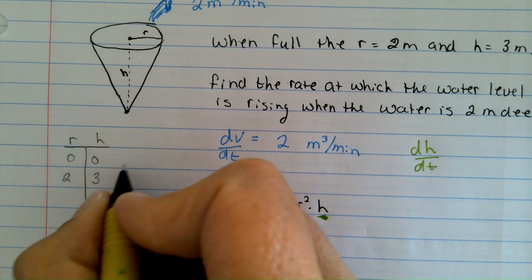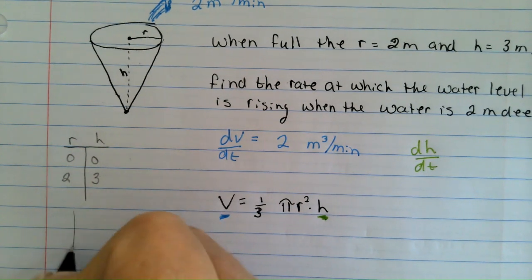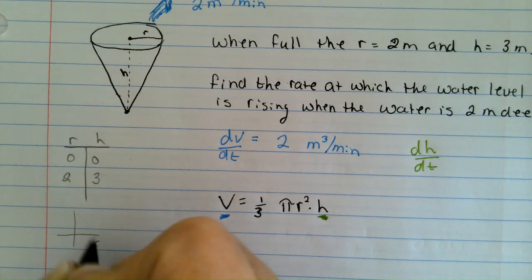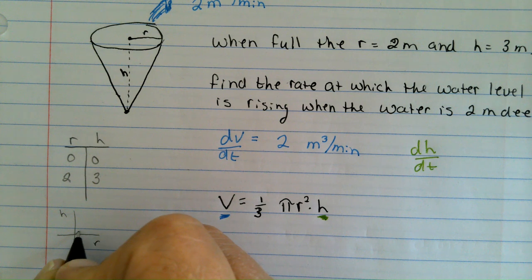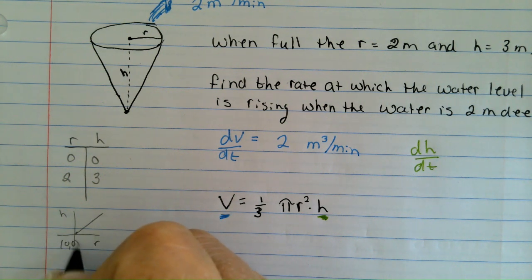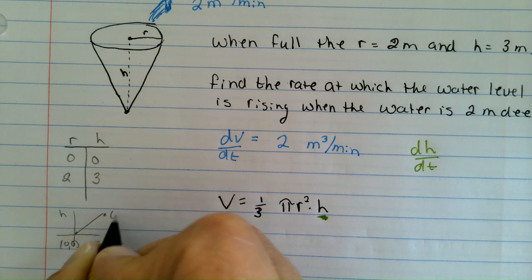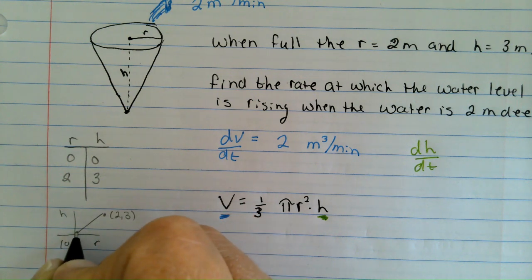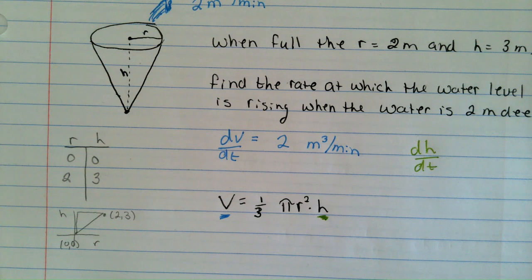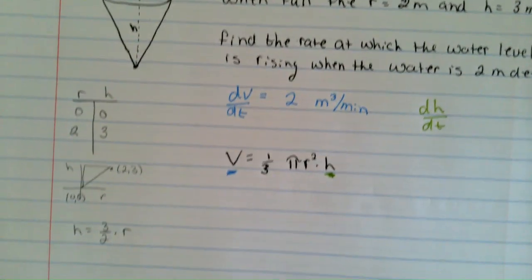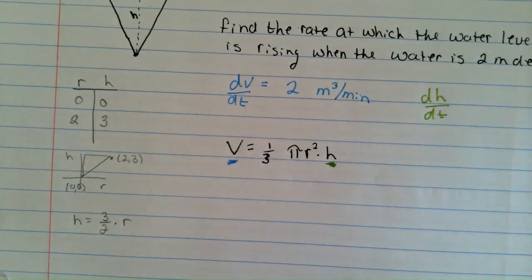So if I did the slope, look at it like this. This is the radius, this is the height. So 0, 0, 2, 3. So up 3 over 2. So the height equals 3 over 2 times the radius. But we don't want the height by itself, we want the radius by itself.